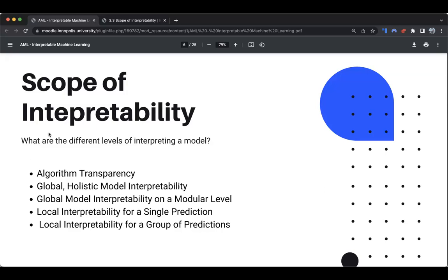So if you have a model that is, for example, classifying a certain novel into whether it is a romantic novel or a book about mathematics, then this is a model, regardless of what it is using under the hood, you can interpret its decisions.